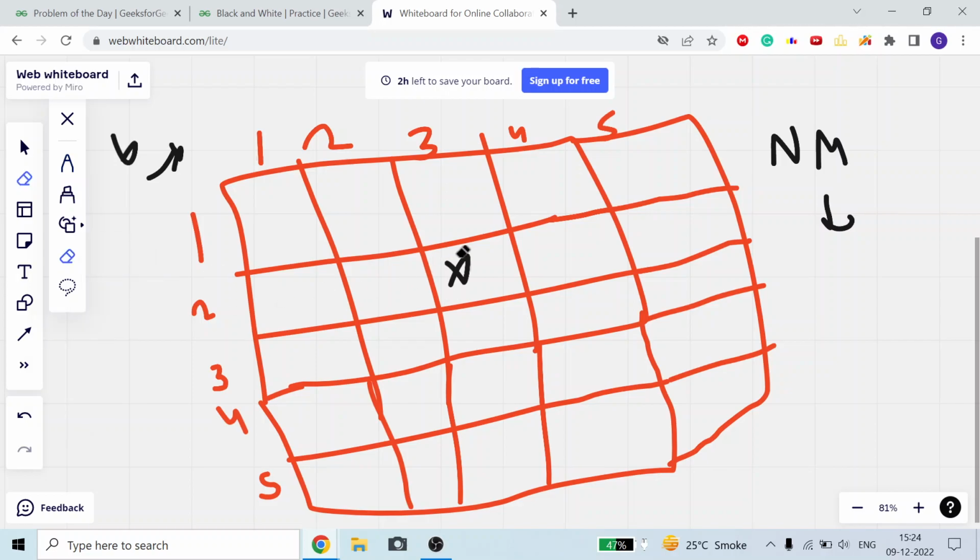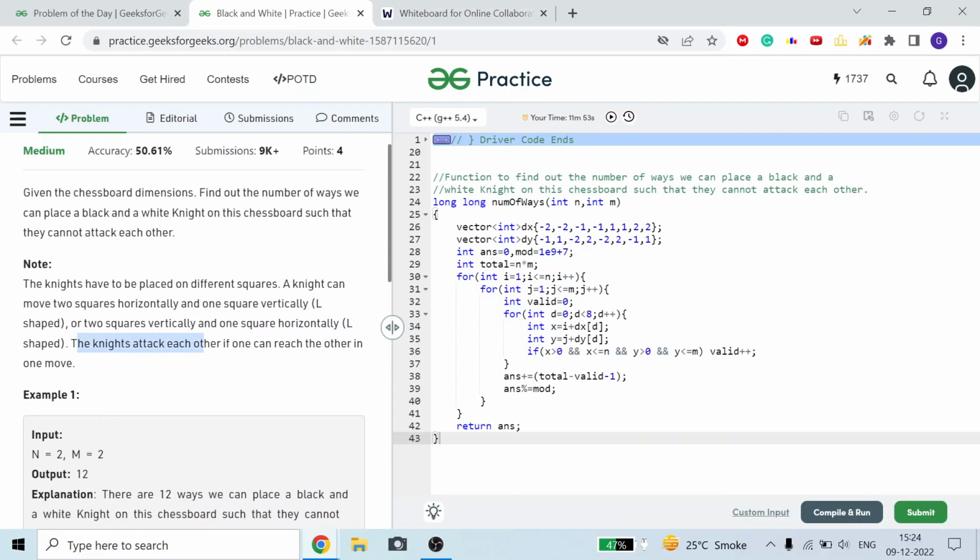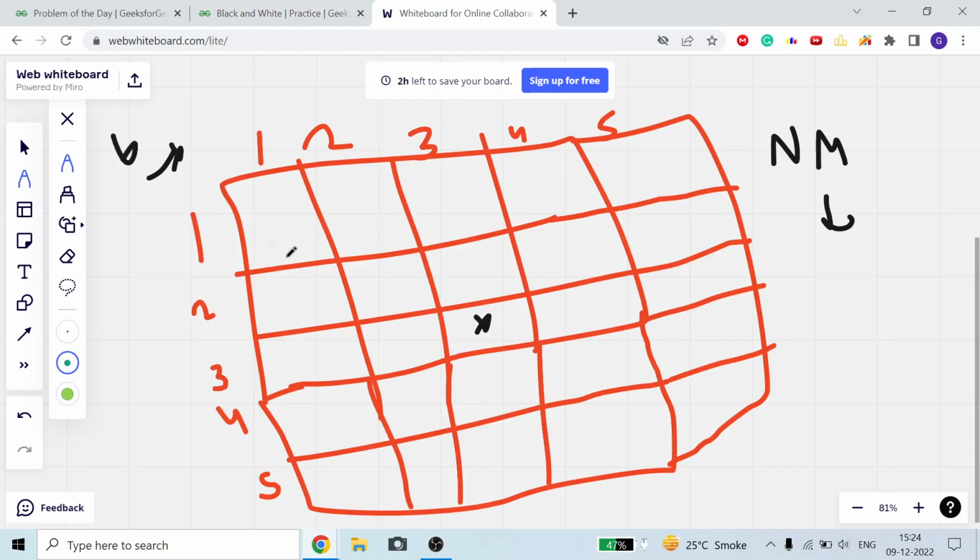This is very simple to find out, just focus on it, and this is the reason why I made this. Suppose we put the black knight here. Now find all the possible cells in which, if I put the white knight, it can attack the black. Here it is already given that knights attack each other if one can reach the other in one move. I took green for the white one, because if I take white it will not be visible to you.